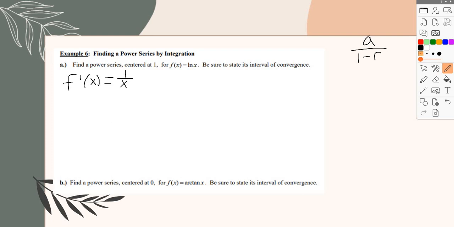But remember, what are we wanting it to be centered at? 1, which means we have to end up with a c value, written x minus c. So really I need this to be x minus 1.